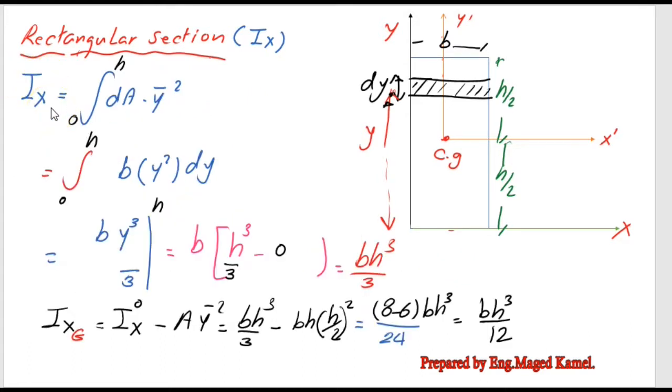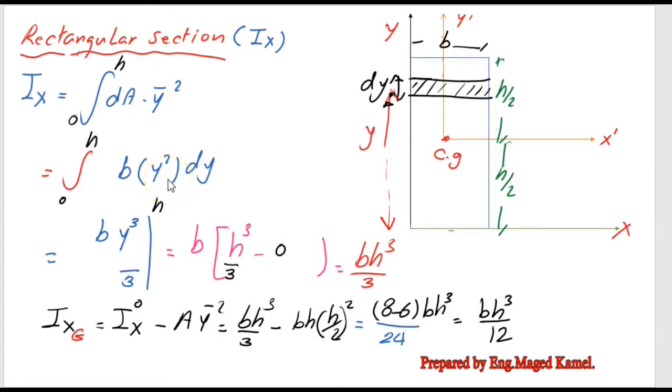Ix we can express as the integration from 0 to h of the multiplication of dA by y squared. Recall that dA equals b dy, again multiplied by y squared. The integration is performed from y equal to 0 to y equal to h. In the integration, the b will come out.